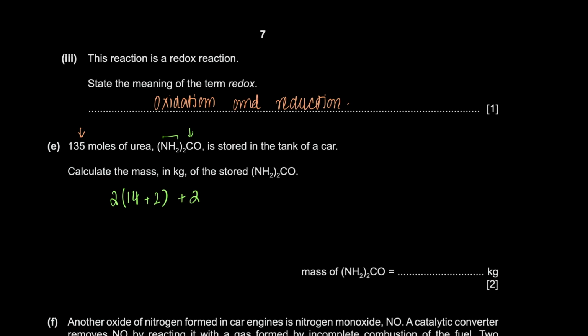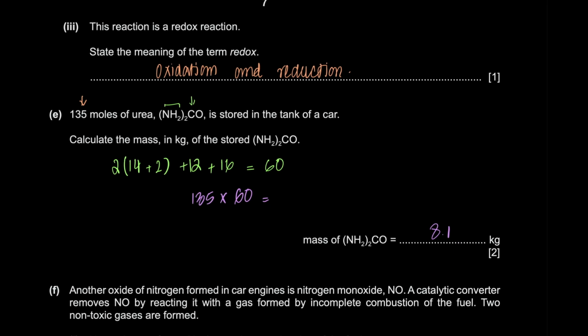Carbon is 12, oxygen is 16. The Mr comes out to be 60, and multiply that by 135. So 135 times 60 will give you the mass, and this is 8100, and that's 8.1 kilograms. So far, it's pretty easy.